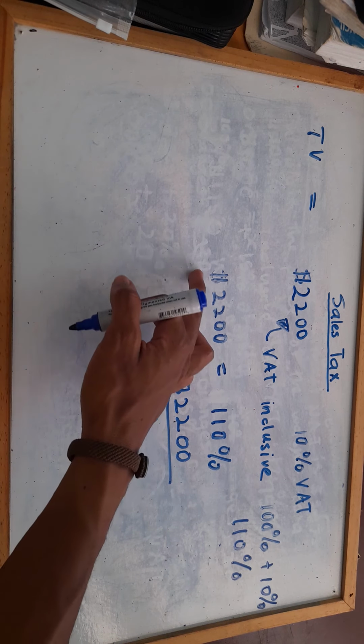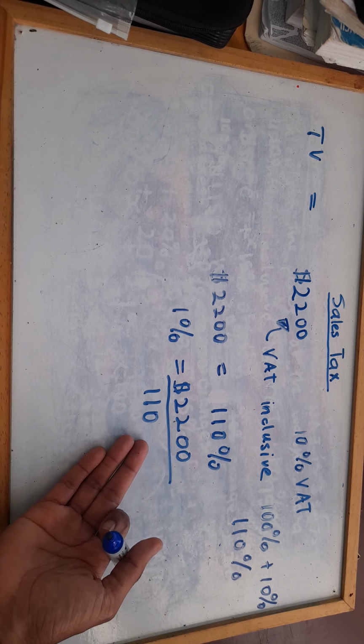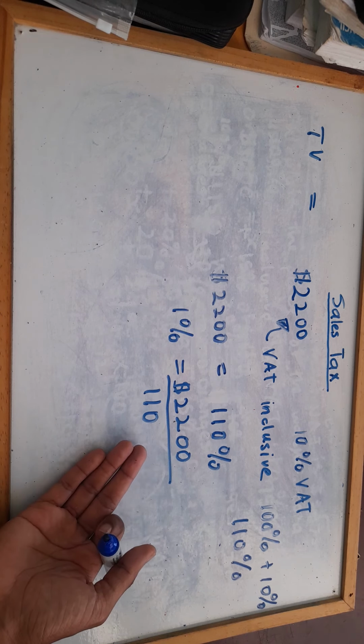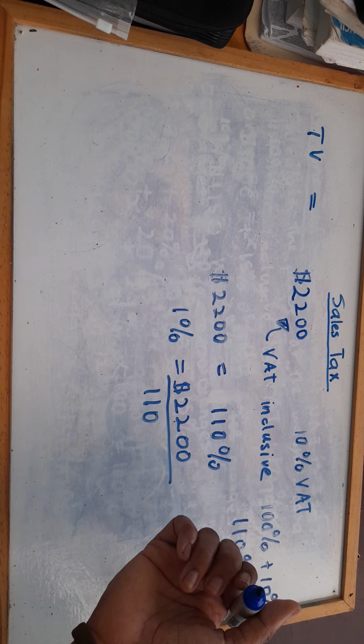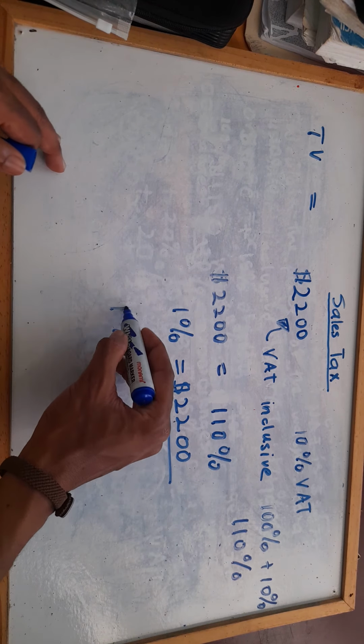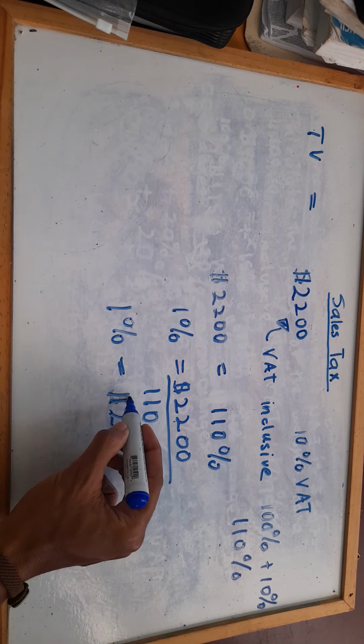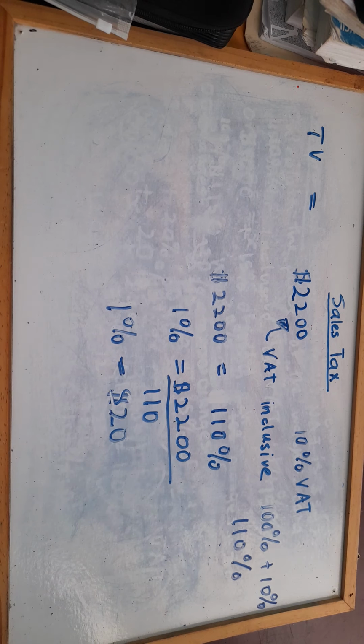Because this is 110% of something. So if we divide it by 110, we can get 1% being some value of money. Let's plug this in a calculator. That would be $20. 1% is equal to $20.